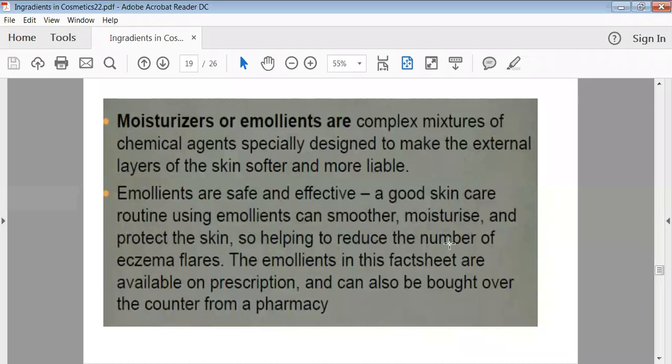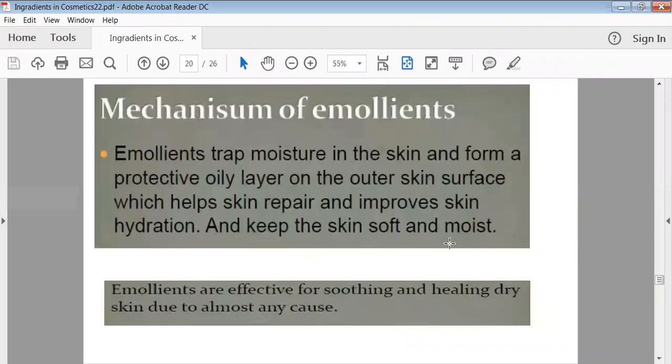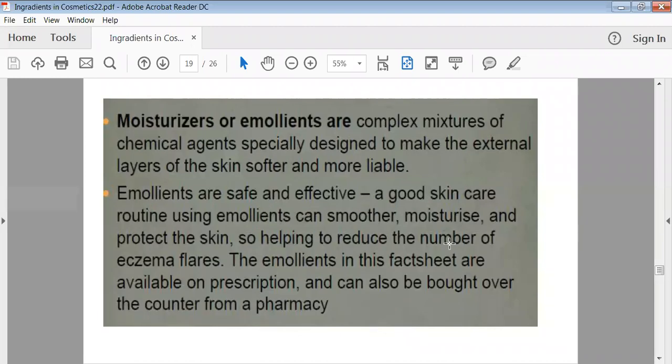Generally, emollients are safe as well as effective for maintaining the good condition of the skin and your preparation also. When you are using moisturizers, they avoid the drying of the preparations, and they maintain the required concentration of water or moisture.